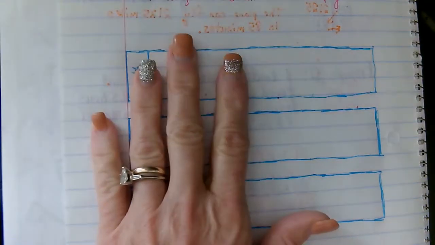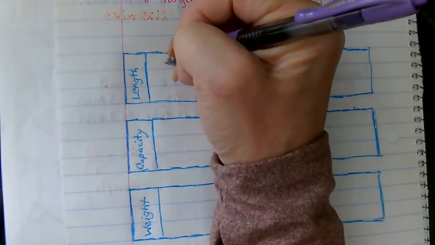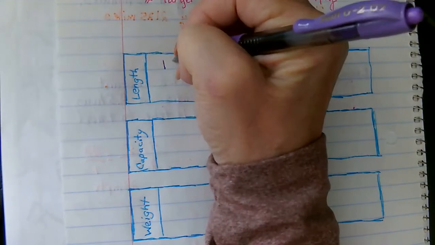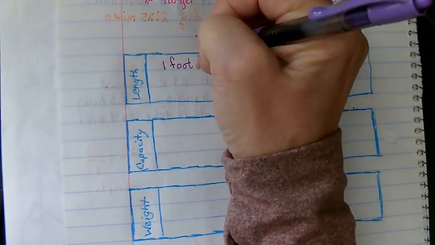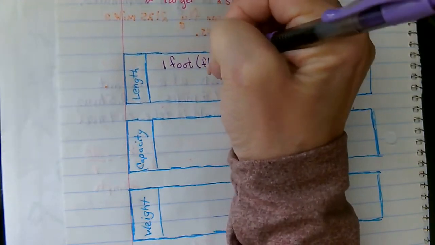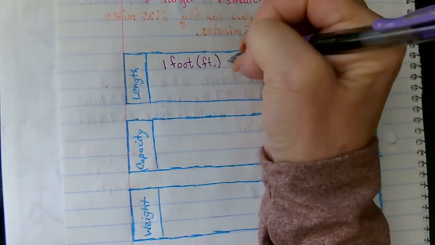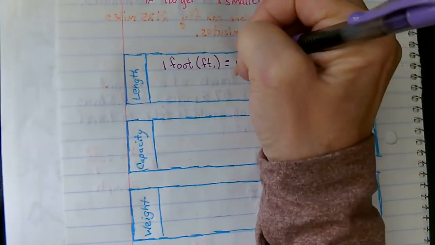Okay, let's begin. In the box 1 up here, we're going to label the first line 1 foot, and the abbreviation for foot is FT, okay, is equal to 12 inches.